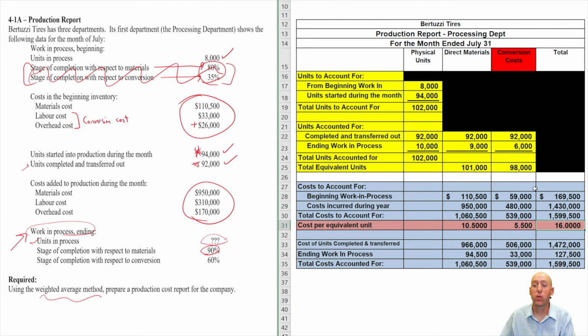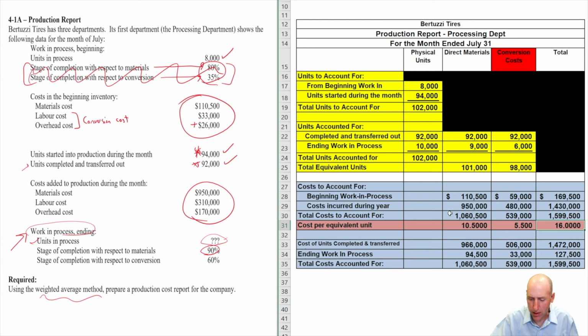So every tire that goes through the processing department adds $16 in cost to the tire. Now it's going to go through another department, and they said 3 departments. So let's say this department is 16, the next department is 20, and the next department is 25. The company would add all 3 together and say, well, that's what our tires cost, right? It's the costs added by each of the 3 departments.